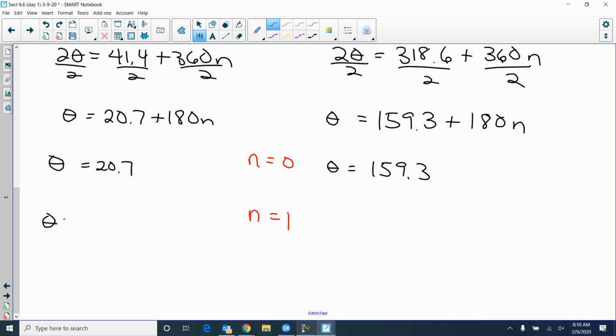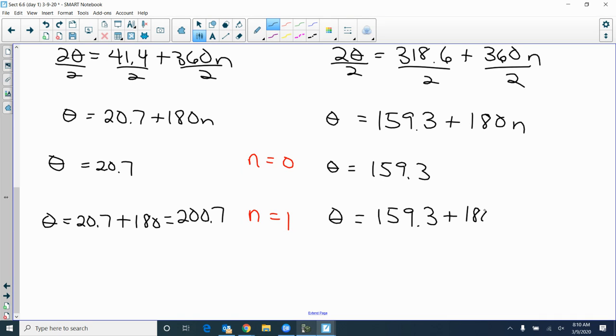You're substituting 1 into 180 times n, so it's plus 180, which will be 200.7. And over here, theta will equal 159.3 plus 180, 339.3.